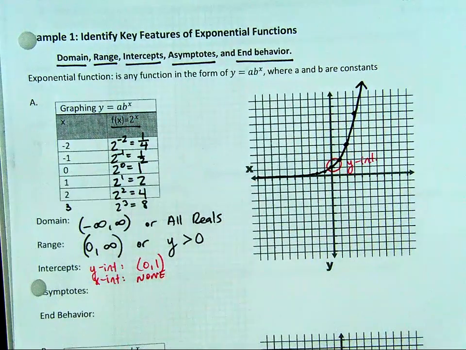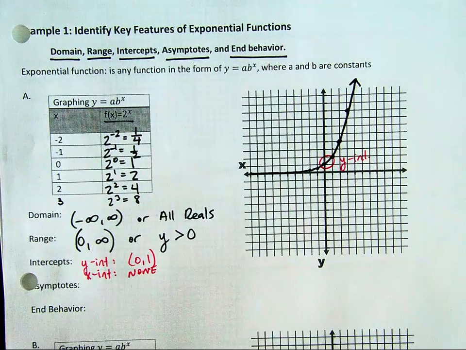Okay. The next key feature is what we call our asymptote, all right? And we've seen this before in previous units, but essentially the asymptote is a line that the graph approaches but never reaches. And so here, the asymptote is going to be the line y equals 0 for this particular problem.